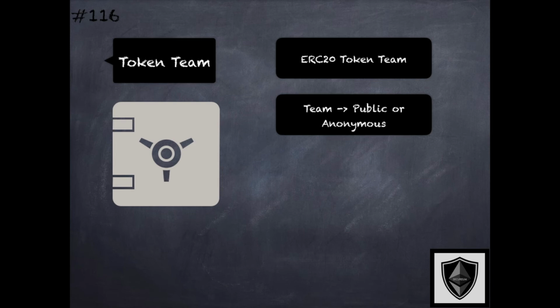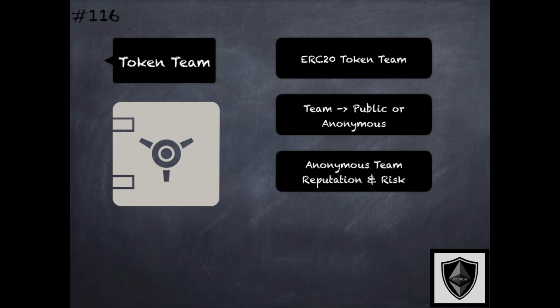In this context, there are two schools of thought. There is a school of thought that thinks that an anonymous team is riskier from a security perspective of that project, because we do not have good ways to evaluate what their reputation is within the social circles, within the community, based on their past projects, and so on.